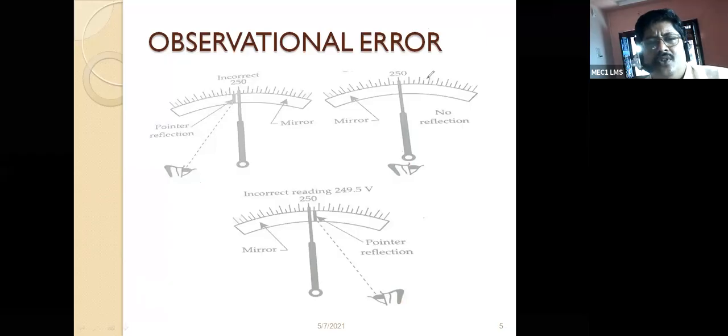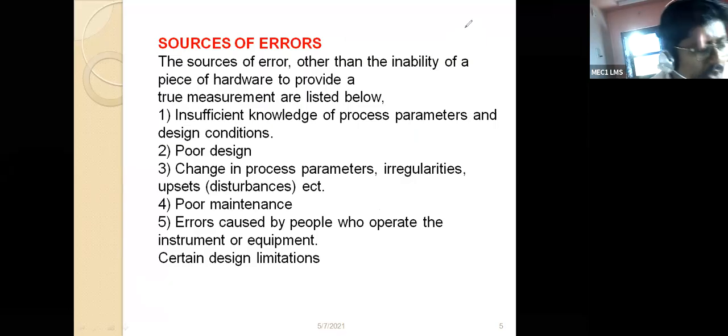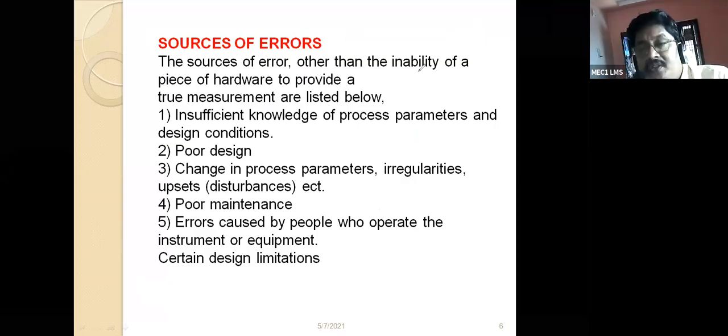Sources of errors. These are the sources of errors. Insufficient knowledge of process parameters and designing conditions, poor design in the instrument, and change in process parameters.